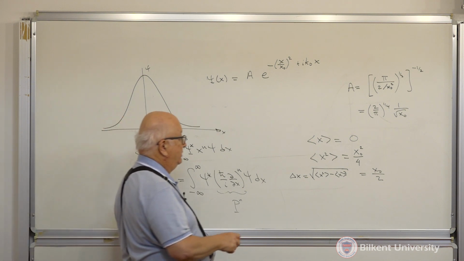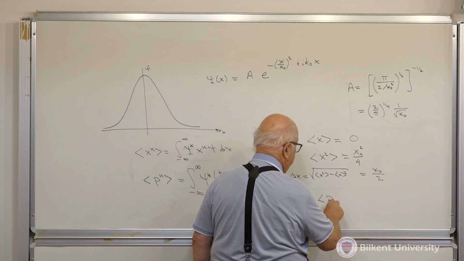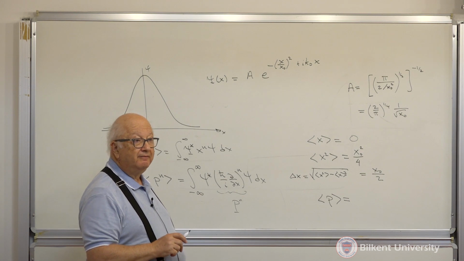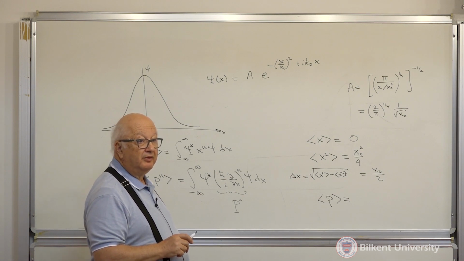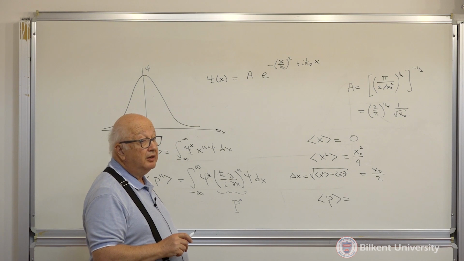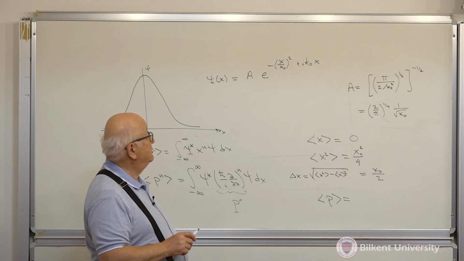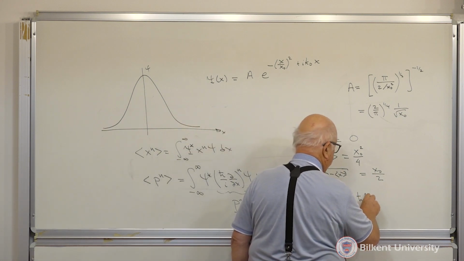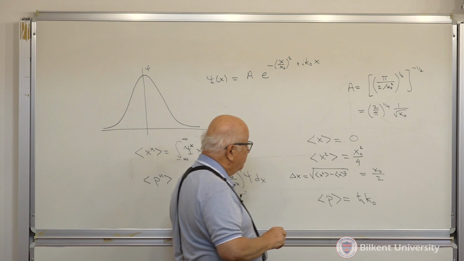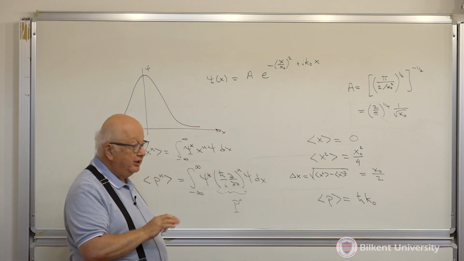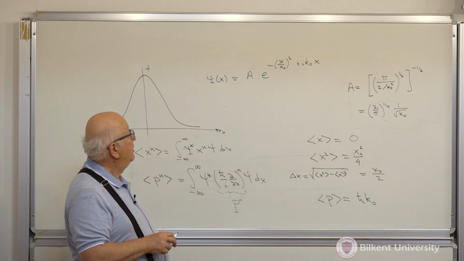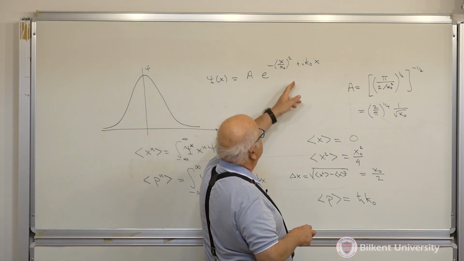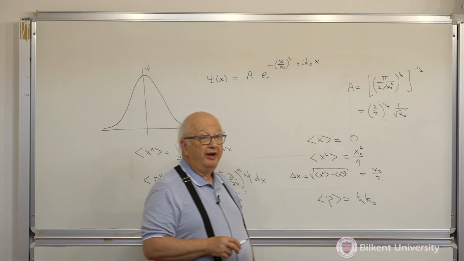We looked at what the average value of p was. What did we find? It's h bar times k0. So you see, it's the first time we are seeing this k0. It's just this wave function, a real function, multiplied by e to the i k0 x.